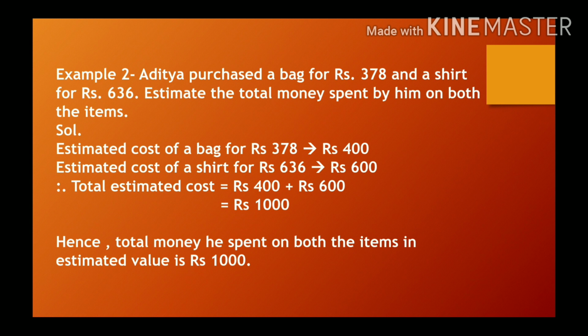Here also the numbers are in 3 digits, that's why we have rounded off to the nearest 100. Therefore, total estimated cost is equal to rupees 400 plus rupees 600 is equal to rupees 1000. Hence, the total money he spent on both the items in estimated value is rupees 1000.